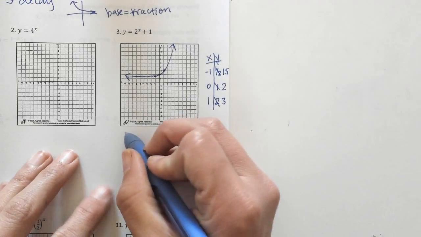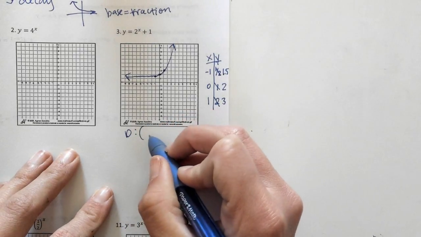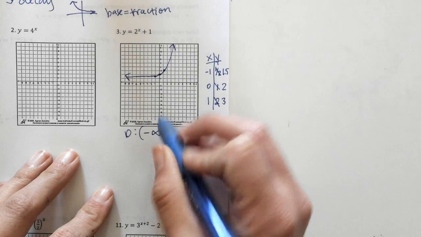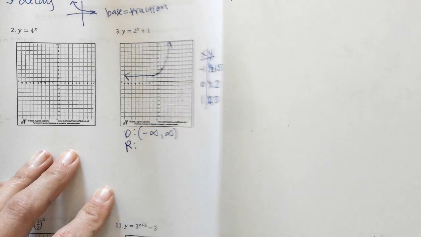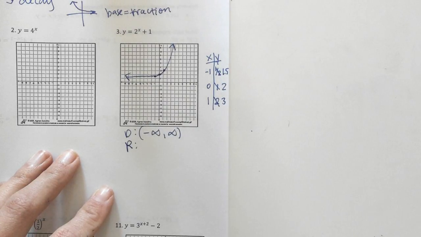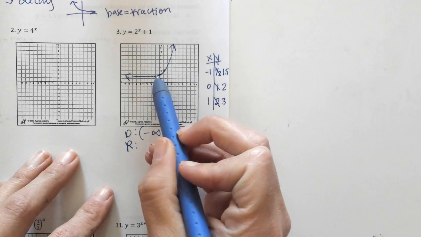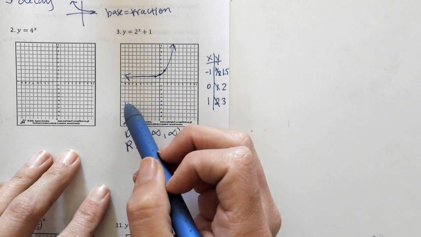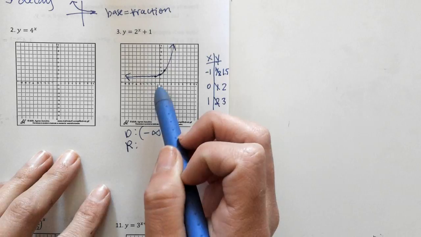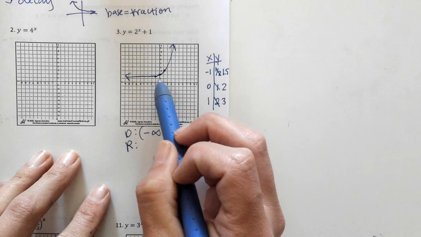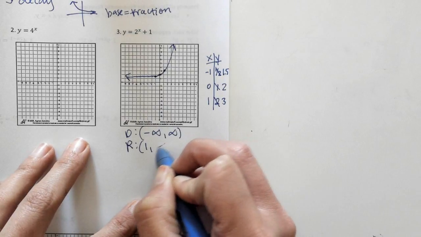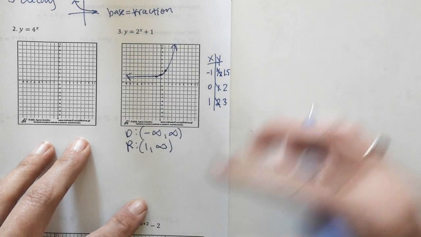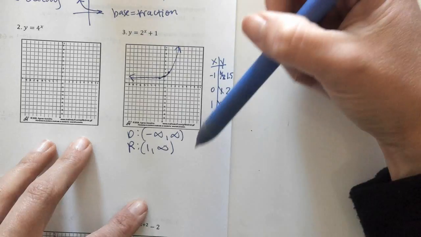Alright, so domain. How far left? How far right? Now let's look at our range. What does it look like it's approaching now? What y value? 1. Good. It looks like it's bottoming out. I don't even think that's a word. It's leveling out at this y value of 1, correct? And how high is it going? So, look at our original equation. Look at our range.